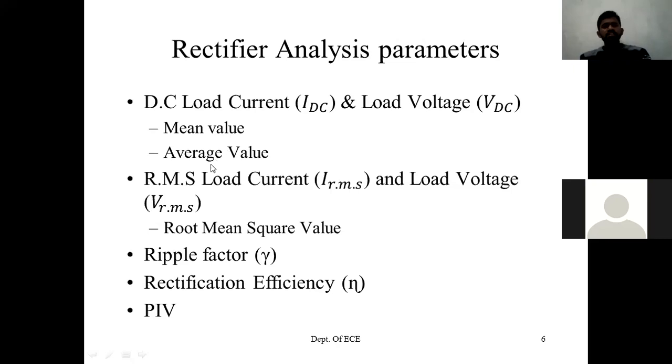And in the same way, for AC quantities, you will find the root mean square value. So if you find the root mean square value for a current waveform, that is the RMS load current, IRMS.